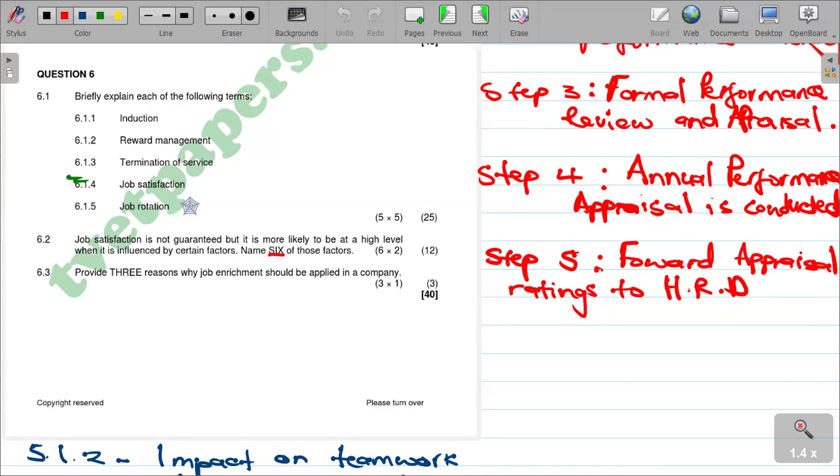Name six of these factors. So we're going to name six factors that influence job satisfaction.